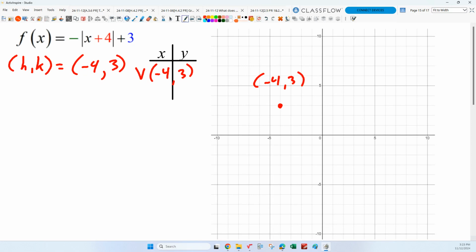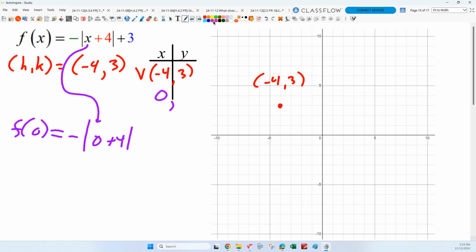I need a t-table and one other point. So what's another value of x I could plug in here? 0. Why not 0? Okay, so if we plug 0 in for x, what am I going to get? f of 0 is going to give me negative absolute value of 0 plus 4, plus 3.